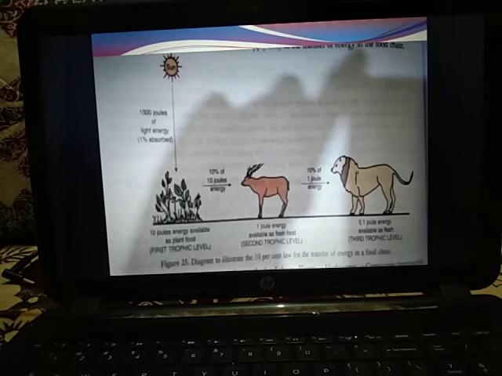That's why food chains are not long. The food chain does not have more than 3 or 4 trophic levels.